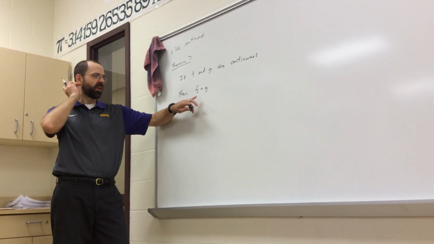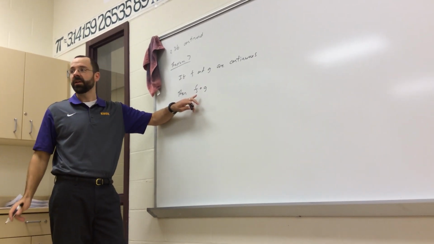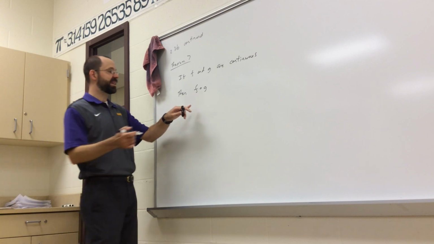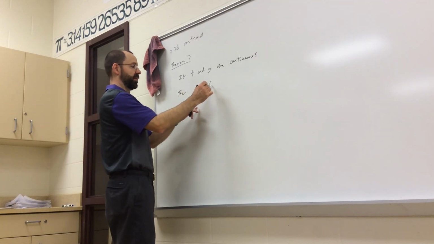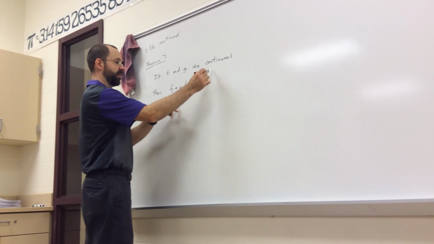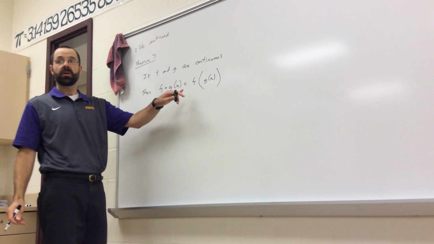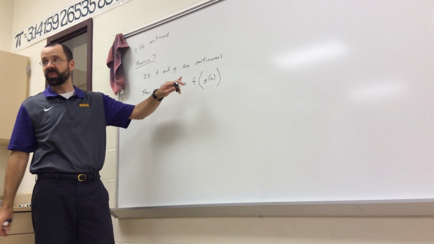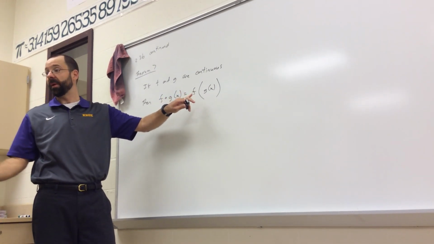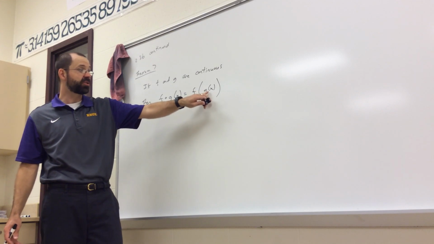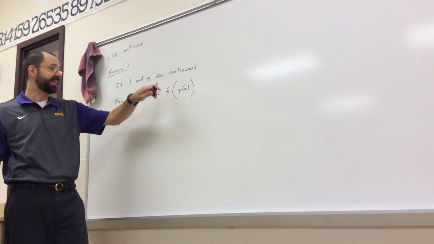And you saw this on the homework that was due yesterday, but I just want to make sure you know, this means the composition. This means f of g of x. And remember, that means take the function g and plug it into f.